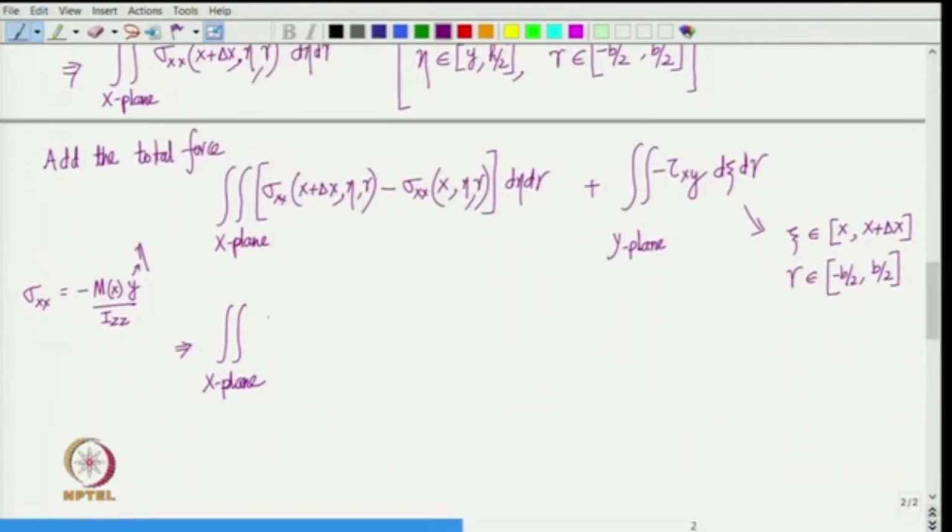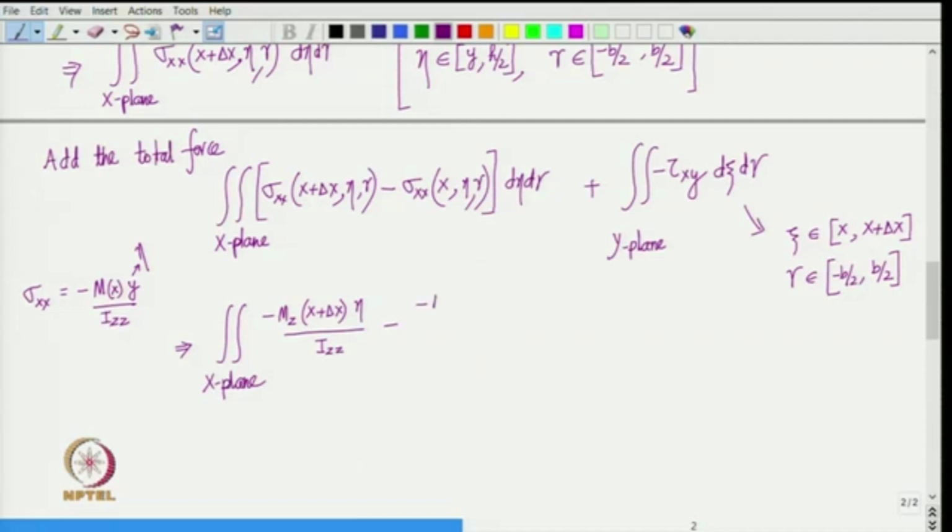So, sigma x x becomes minus m z, the moment along the z axis, at x plus delta x. Recall that the moment is a cross section property, it only varies along the length of the beam, into the y coordinate, which is eta here, divided by I z z, and then we have another minus sign.